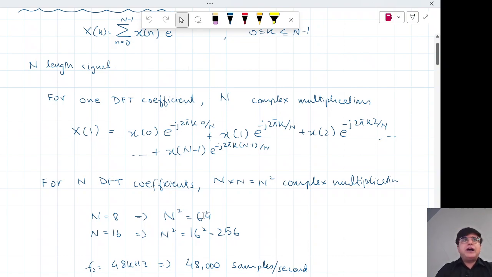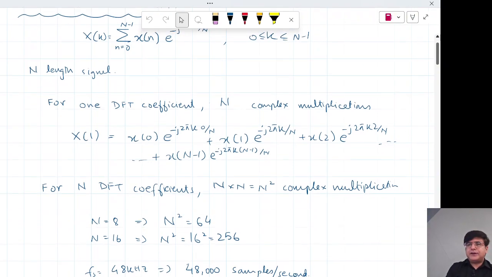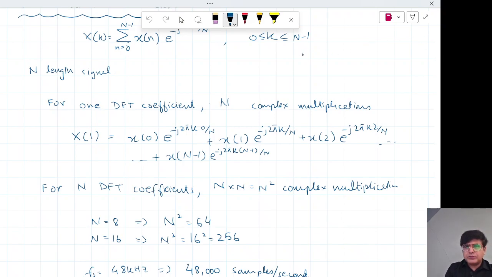Let's say you have a 1024 length signal. Then you have 1024 squared, which is approximately 1 million complex multiplications. FFT on the contrary reduces the number of complex multiplications to n over 2 log 2 of n.